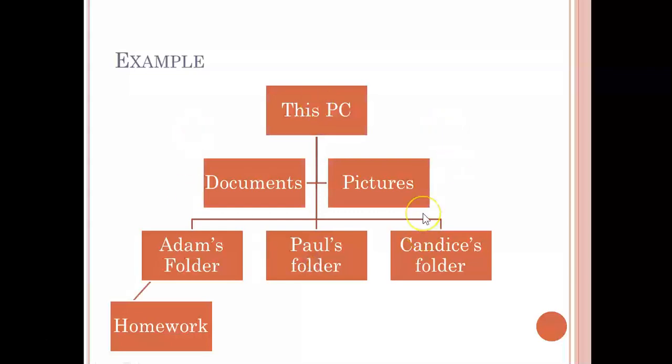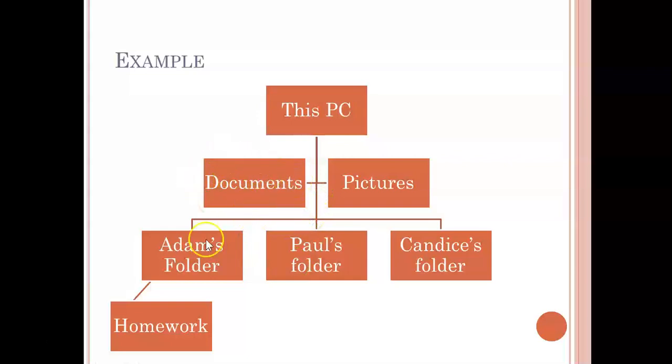So here's an example. This could be like a file system in your computer. You can start with This PC, and then within This PC there's going to be your documents or pictures folder. Adam's folder, Paul's folder, Candace's folder should actually be connected to documents, for example. So this should not be in the middle, it should be connected to this block here. Sorry about that.